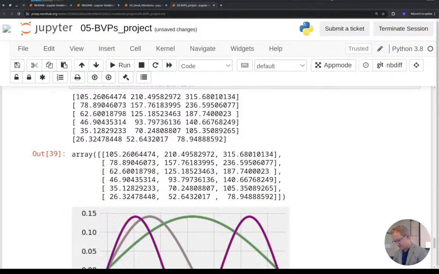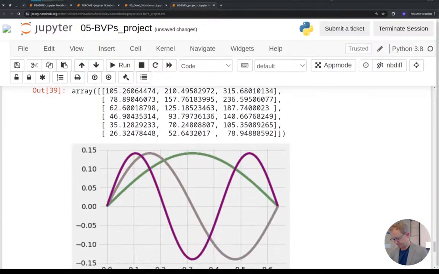And here, if I want, I could flatten it all and make it a one-dimensional array, or I can leave it this way.